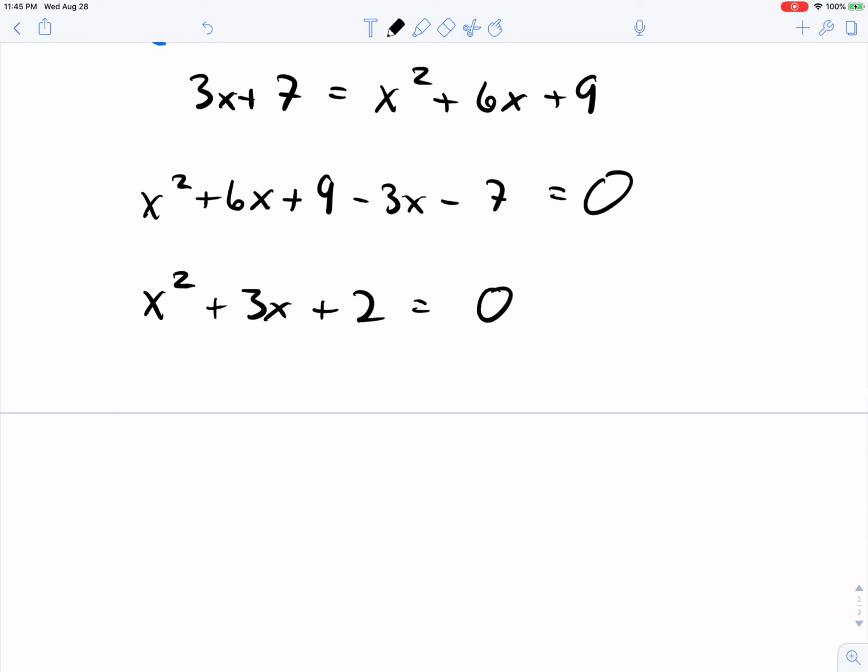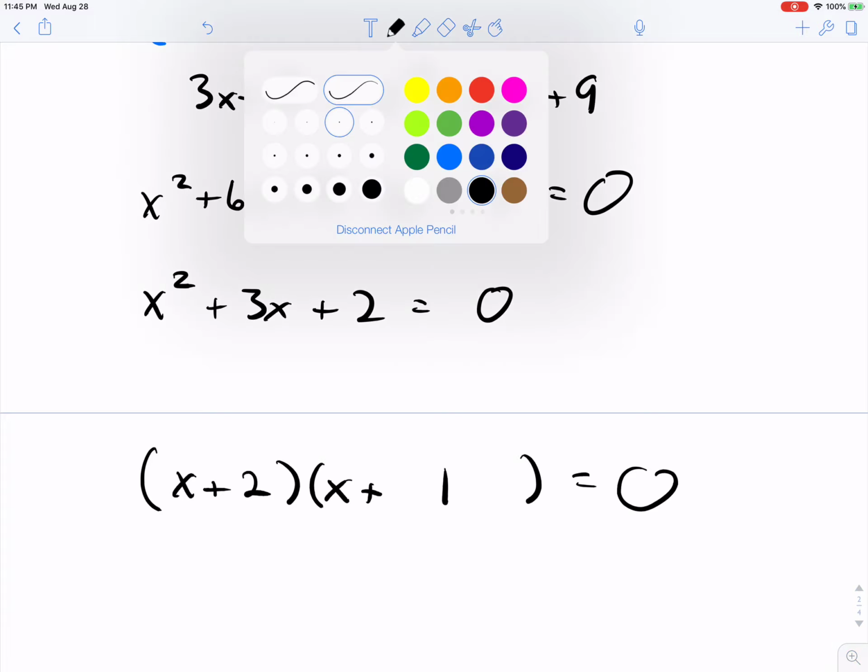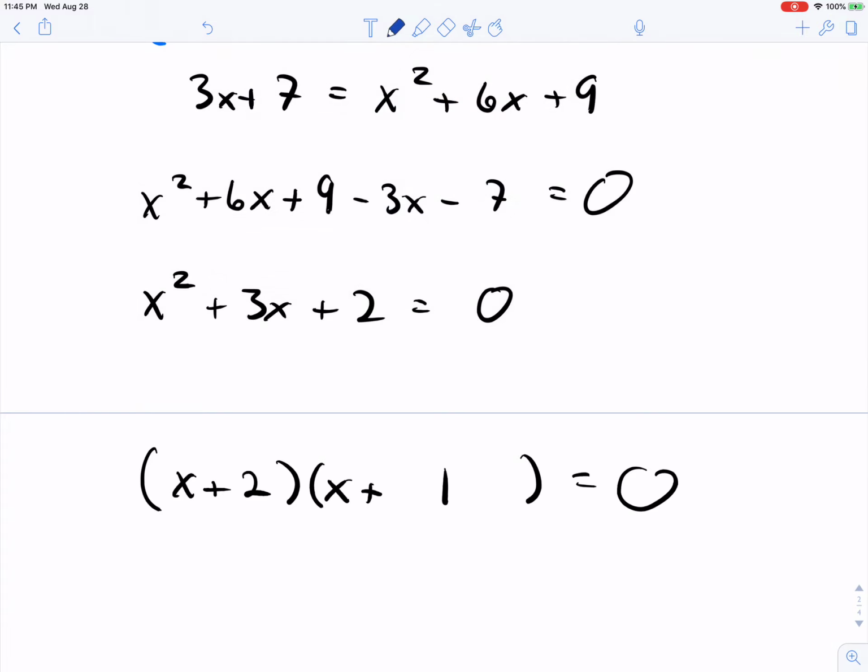We want to see, can we factor that into something of this form? X and x, plus and plus, should be 2 and 1. Notice that 2 times 1 is 2, and 2 plus 1 is 3.